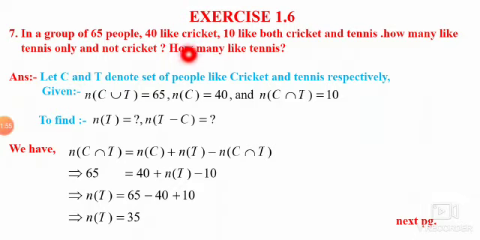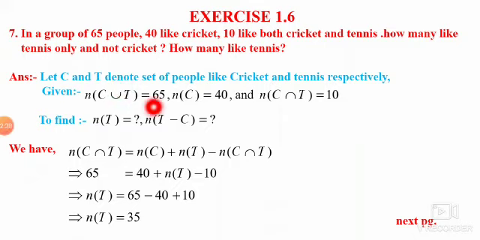Before I start the solution of this question, let me define some parameters. Let C and T denote the sets of people who like cricket and tennis respectively. Given that there are a total of 65 people in the group, n of C union T is equal to 65, that is, the people who like to play cricket or tennis or both.